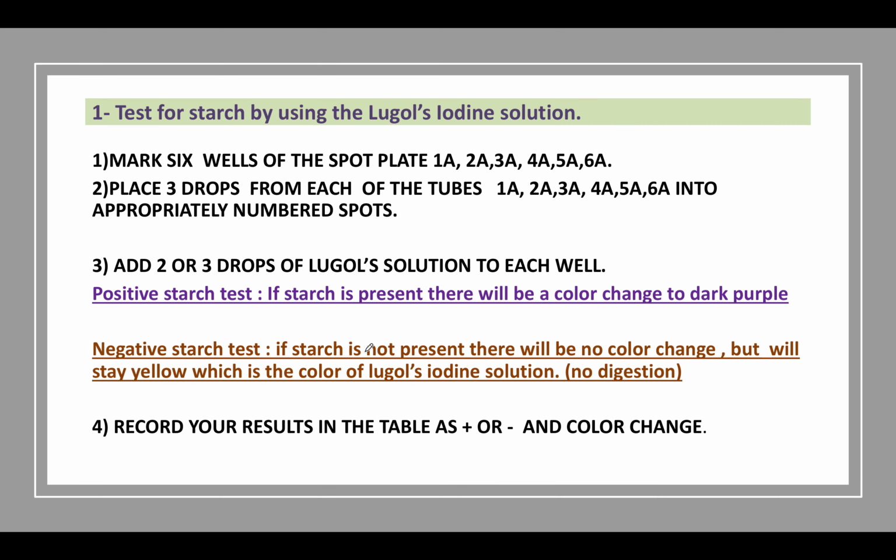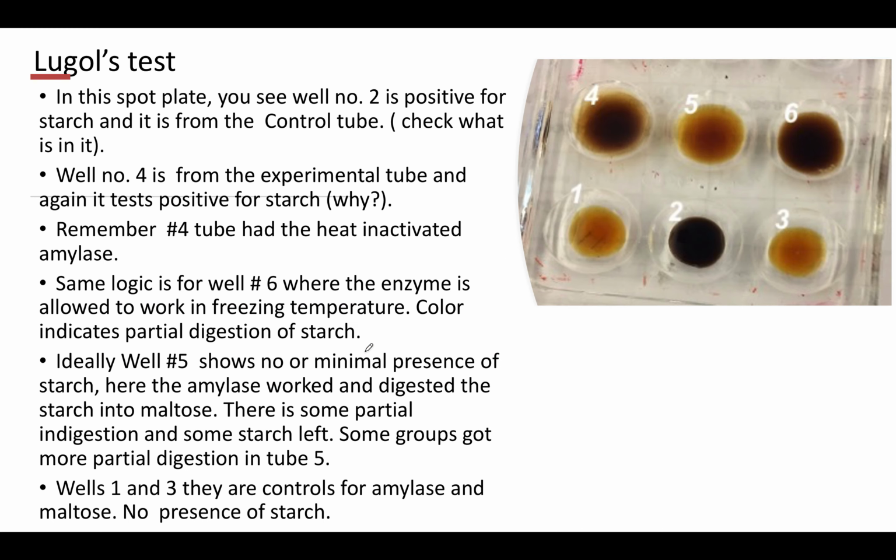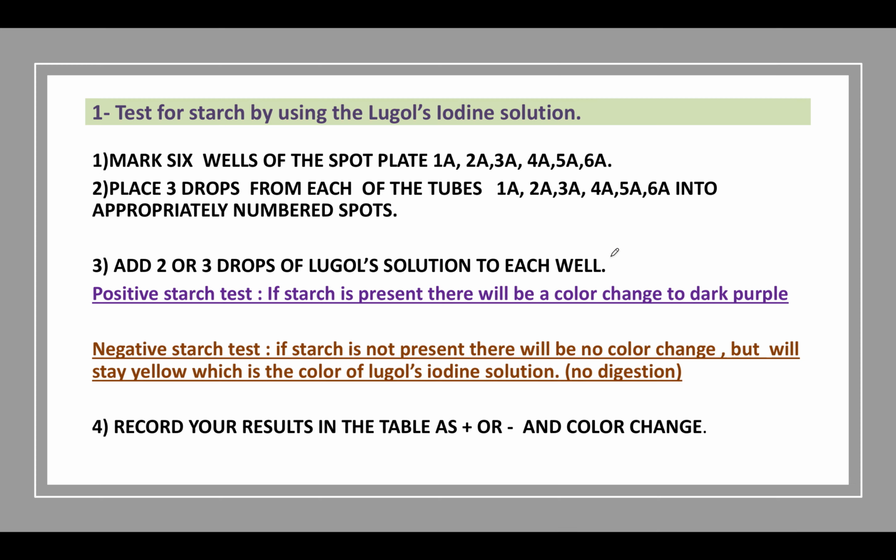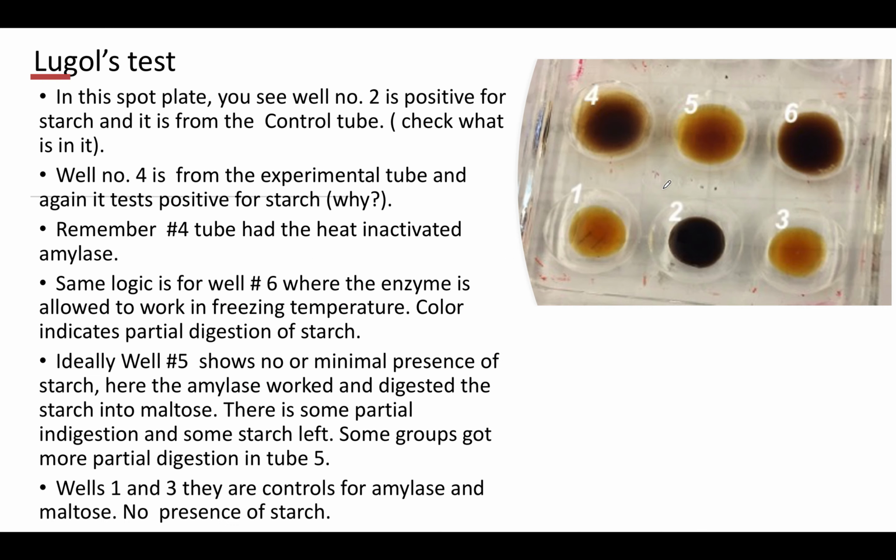So to check for starch, we're going to take a spot plate. These are plastic or glass plates that have tiny little wells in them. Okay, it's called the spot plate. So on the spot plate, we mark it as 1, 2, 3, 4, 5, 6.